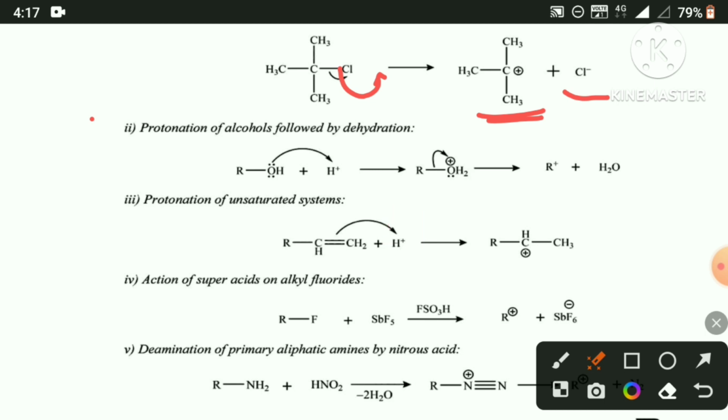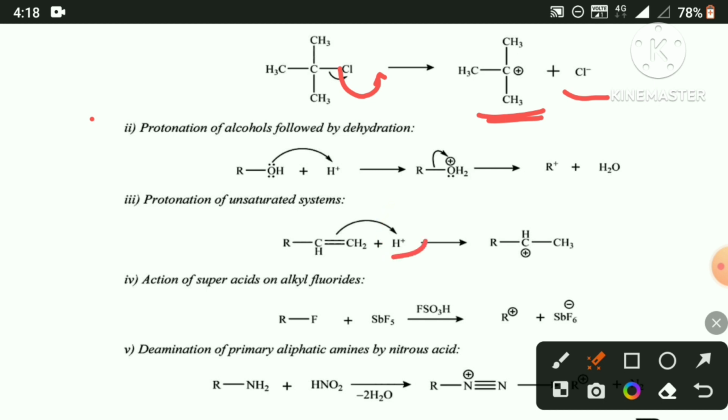This H plus is added to the carbon atom having more hydrogen atoms, and the other carbon forms the carbocation. It is a secondary carbocation. It leads to a more stable carbocation. If the hydrogen is added to the other carbon, this leads to the formation of a primary carbocation, and it's highly unstable. So that carbocation is not formed.